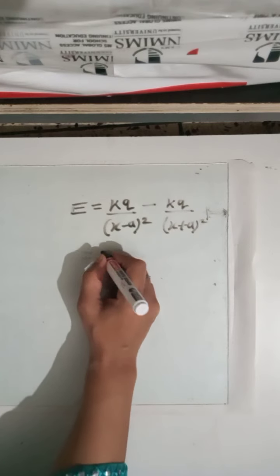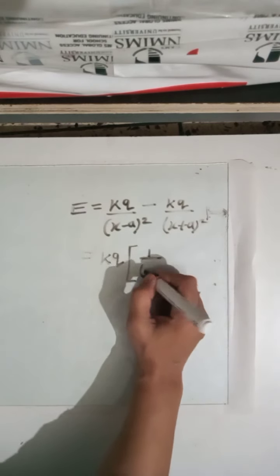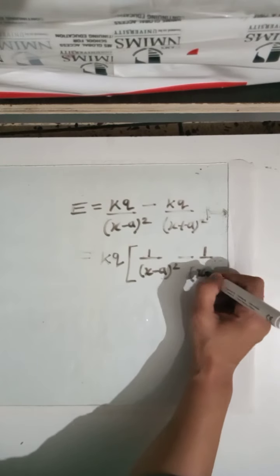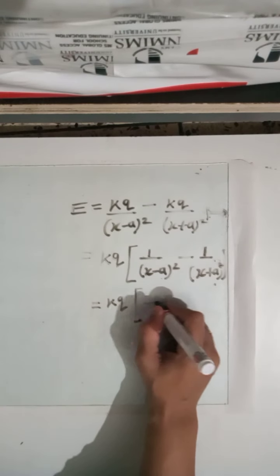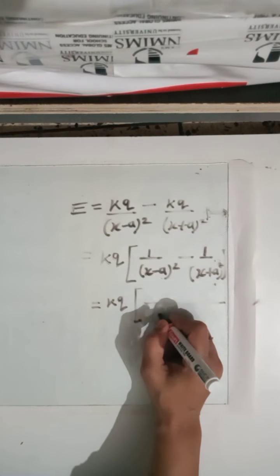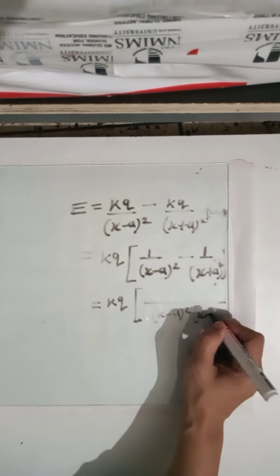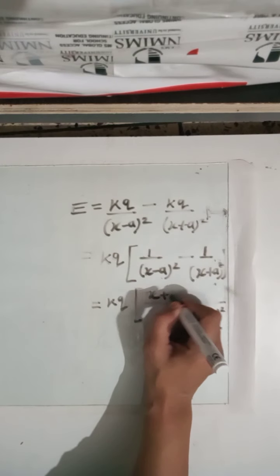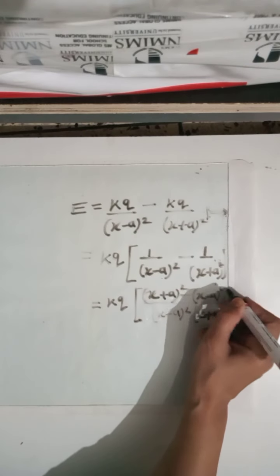Now this becomes equal to KQ, which comes outside the bracket, 1 upon X minus A whole square minus 1 upon X plus A whole square. Now solve this one. You can take the LCM, just like in the 10th class: X minus A whole square times X plus A whole square. By cross multiplication, we get X plus A whole square minus X minus A whole square.